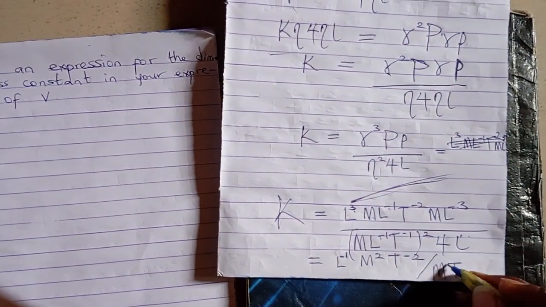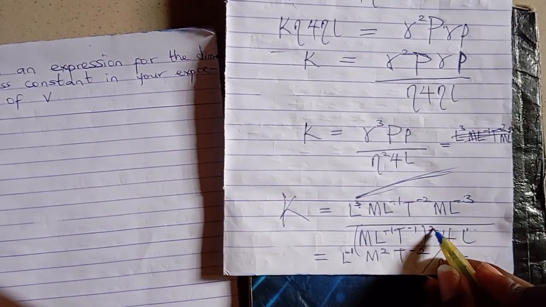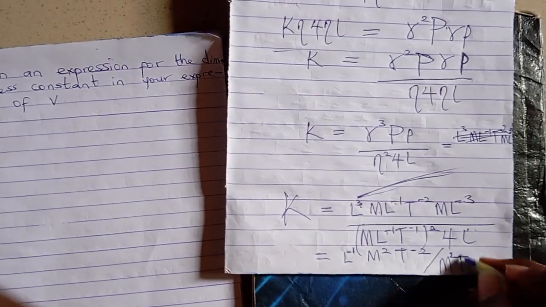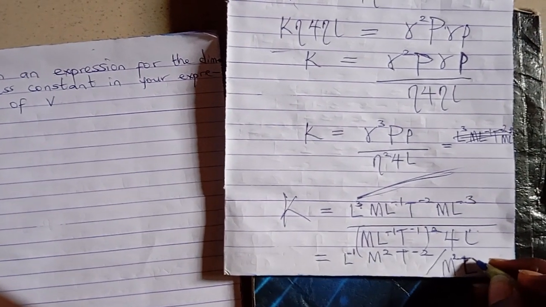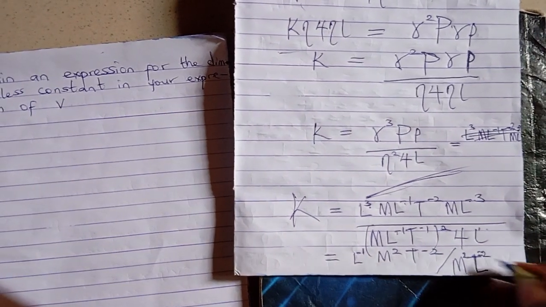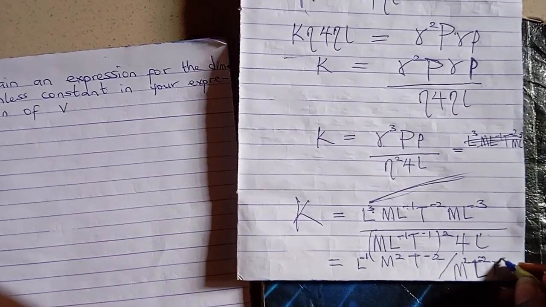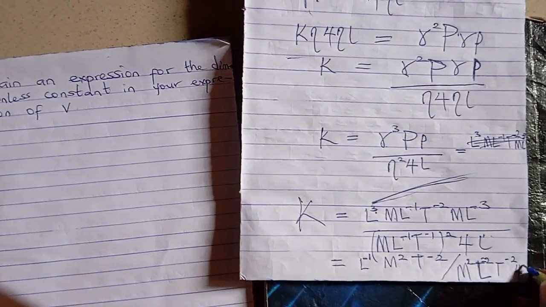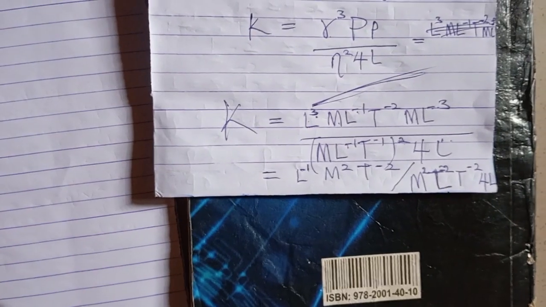I first of all have to do M squared, distributing this: M squared, then L raised to power minus 2, then T raised to power minus 2, then 4L.